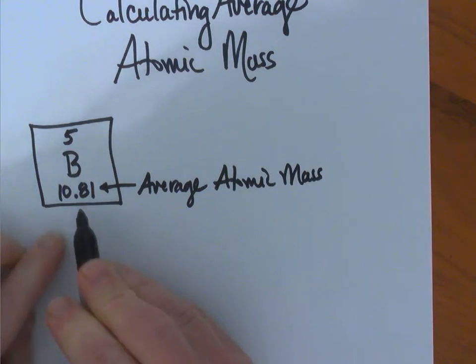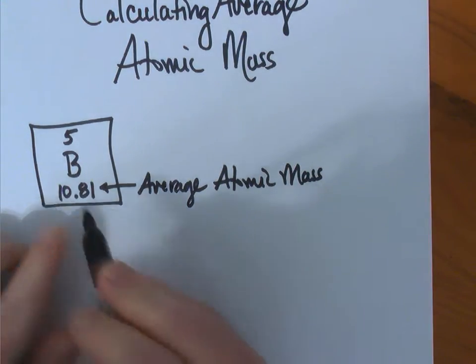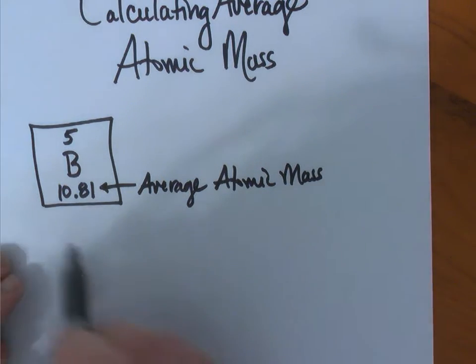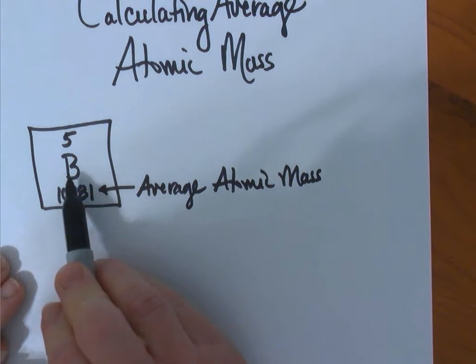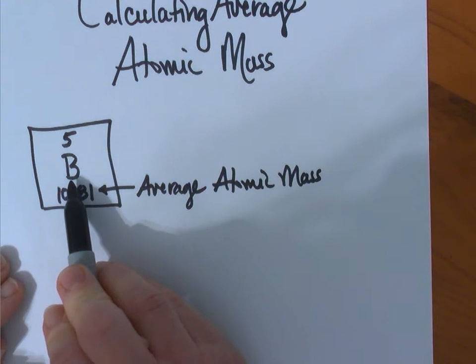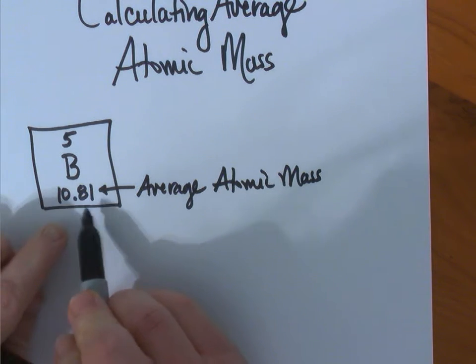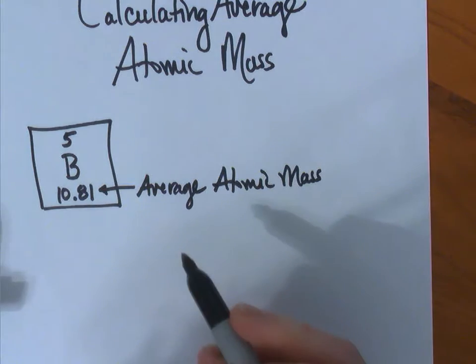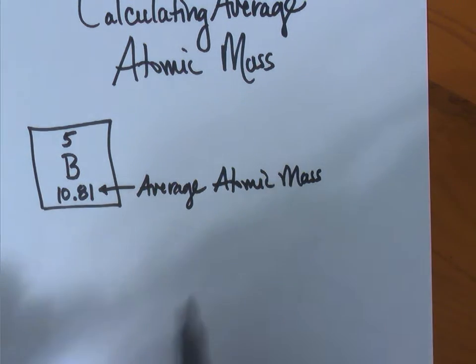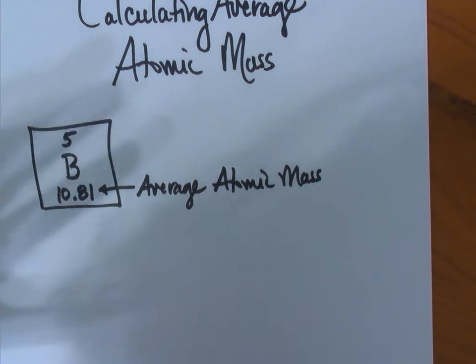It is a weighted average. We take into account the percent abundances of each isotope of the element, as well as the individual mass assignments of the isotope. So it's not a straightforward average, it's a weighted average.